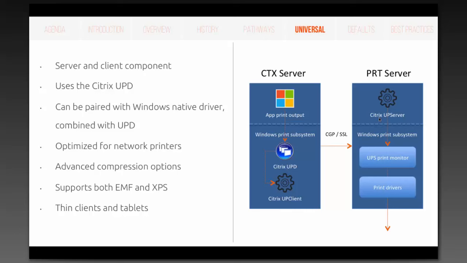So it will be handed over from the UPD to the Citrix UP client software basically right away, which will then hand it over to the client component of the universal print server, and this is the part you are supposed to be able to control from the Citrix to the print server. And then basically from there the print server will take over and spool the data and send it over to, well, a physical print device.